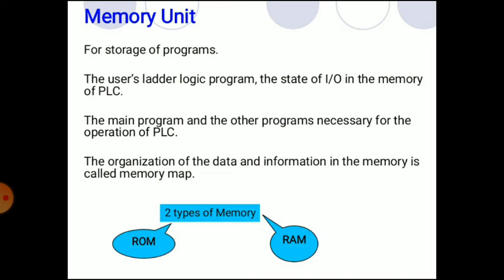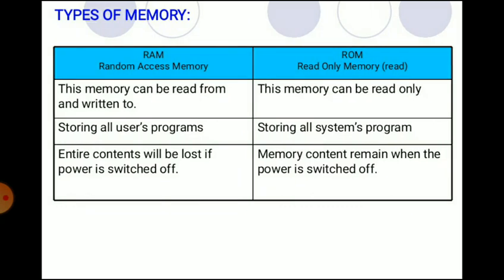So there are two main types of memory, namely RAM and ROM. RAM means random access memory and ROM means read-only memory. RAM is used for program and data storage.